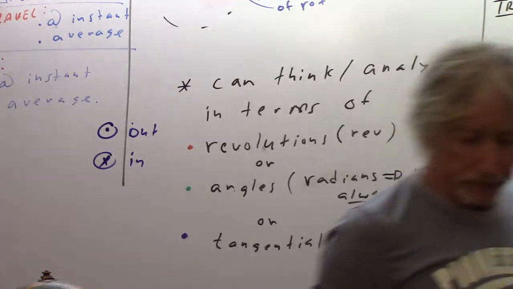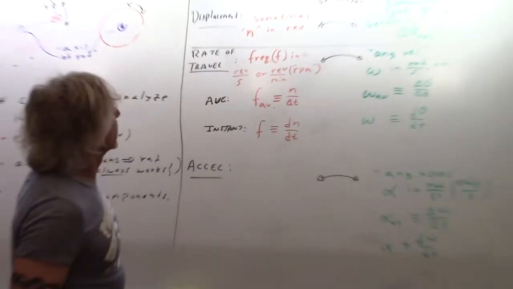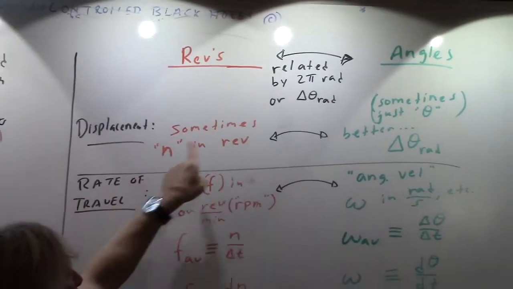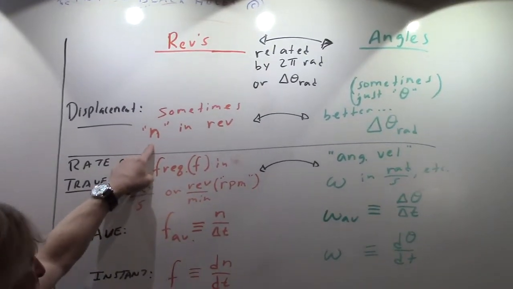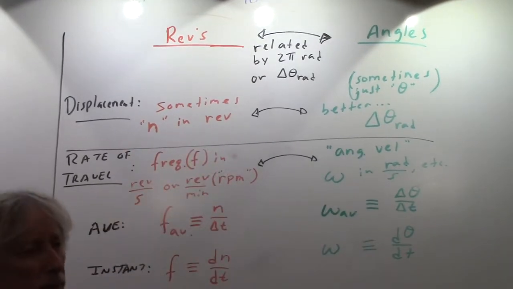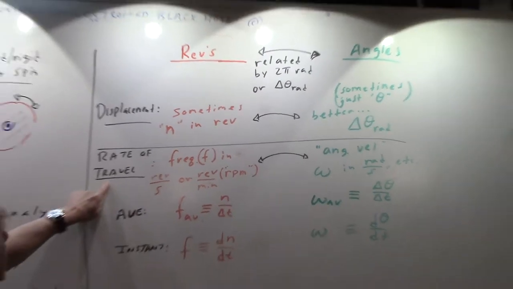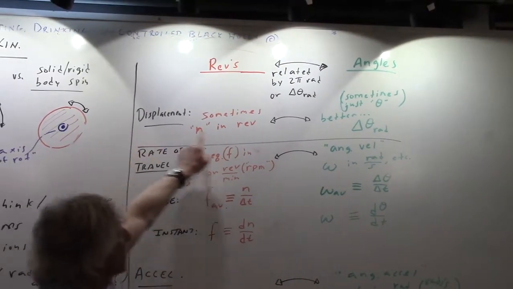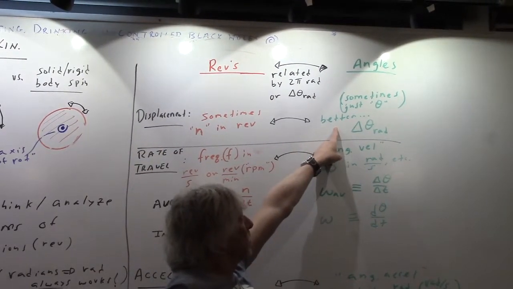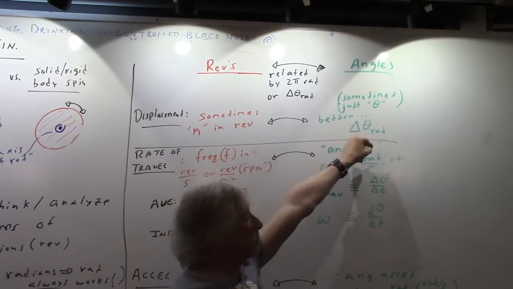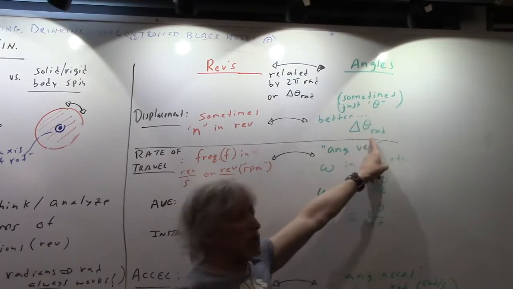So over here, let's talk about this quickly. Revolutions versus angles. For displacement, sometimes we'll use n, people use different things, for the number of revolutions, how many times around. It could be a fraction, it could be more than one, whatever. And for displacement in terms of angles, often books will just write theta when they mean a change in theta.